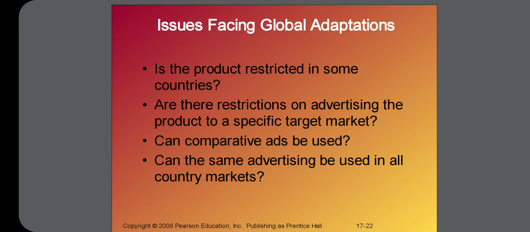That's why we have this global adaptation wherein you tend to localize your advertisement so that it would be helpful for the company and it could be understood by your market. Are there restrictions on advertising the product to a specific target market? Like for an instance, let us say the Avon company, they are producing cosmetics, or they have this brassiere.